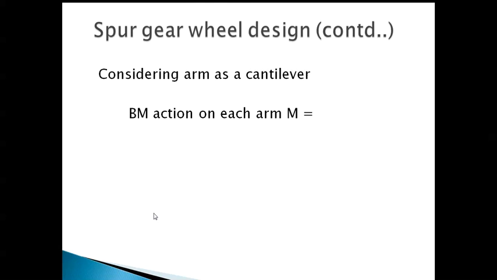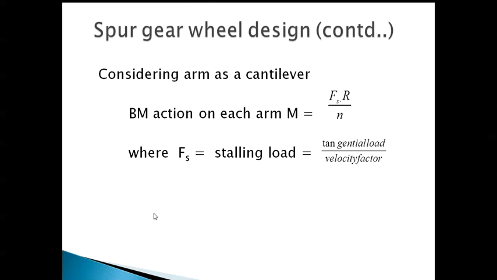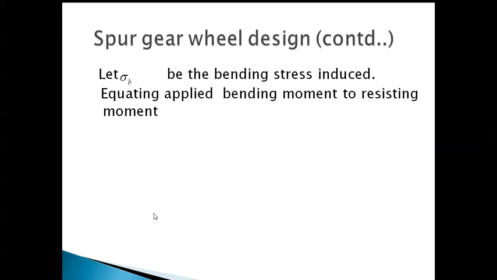The arm is considered as a cantilever beam. One end is fixed at the hub and the other end is free. So the bending moment on each arm M equal to Fs into R by N. Fs is the stalling load, which is nothing but tangential load by velocity factor. R is the radius of the PCD, the pitch circle diameter, and N is the number of arms. Let sigma be the bending stress induced.